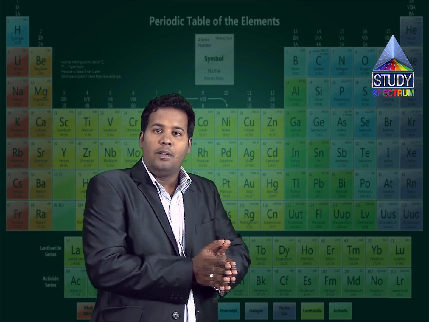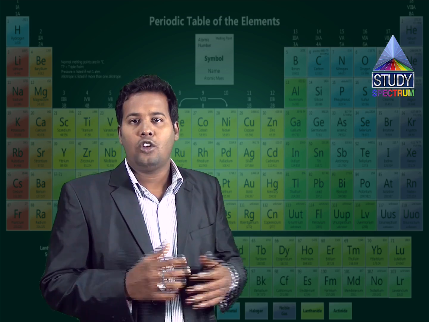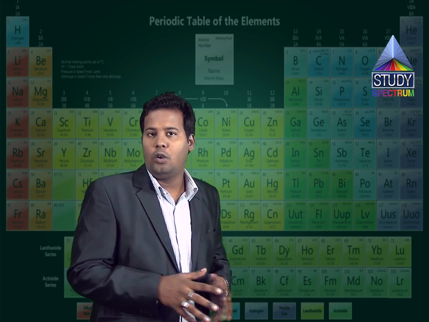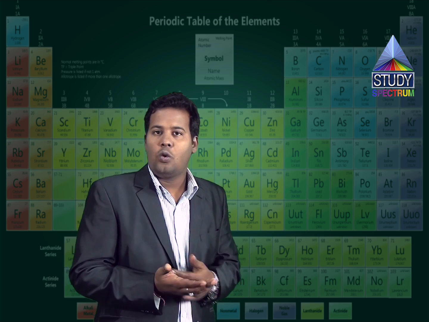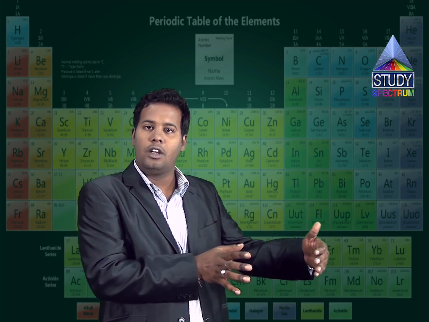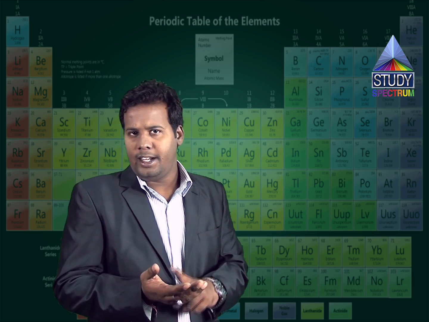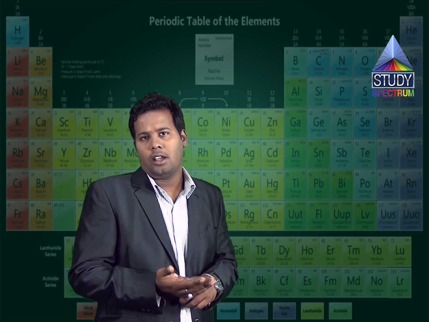After that, Dmitry Mendeleev, who actually did a very great job of classifying elements and forming a periodic table, was able to classify all the 63 elements present at that time. He also had the same basis, increasing order of atomic masses, similar to the first 2 scientists. And we have seen the features, merits and demerits of Mendeleev's periodic table.